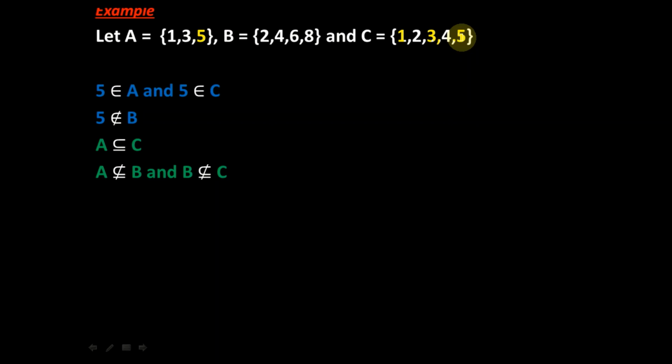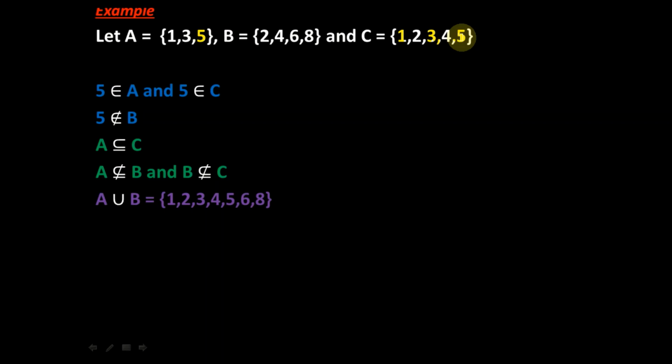For example, let's take the union of A and B. I'm just going to list all those elements that are in the set A and the set B. It's like when someone is forming a group, we just list the names of all the participants in the group. So the union of A and B will be 1, 2, 3, 4, 5, 6, and 8. It's only those elements that are in A and B, and here we just wrote them down in numerical order.